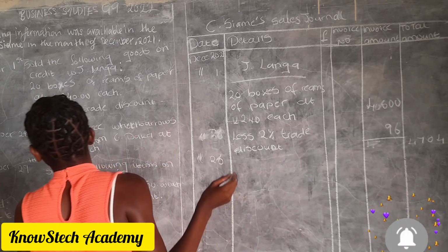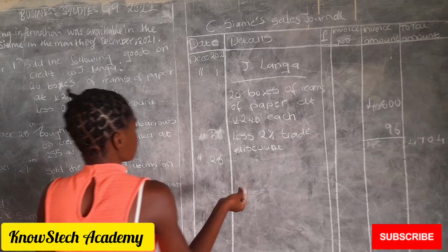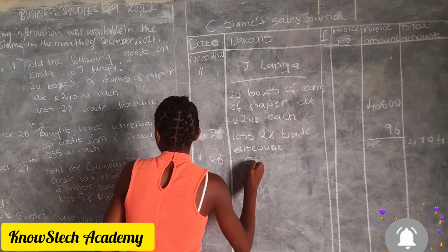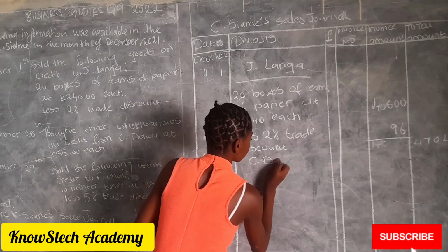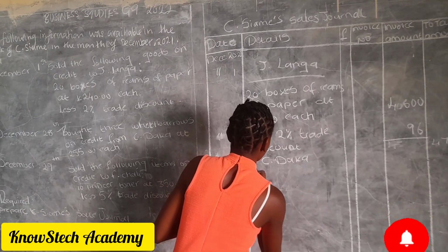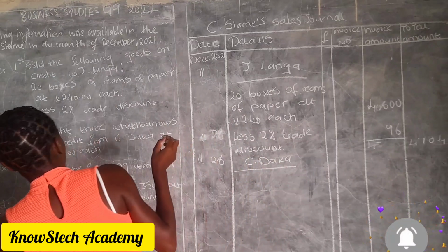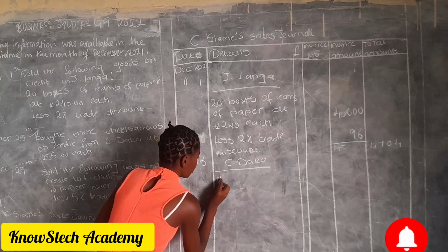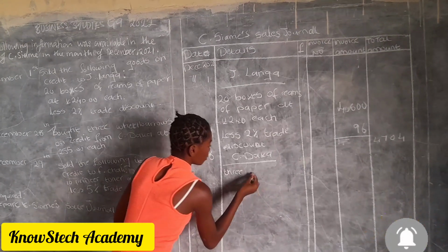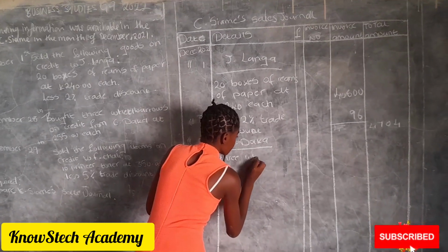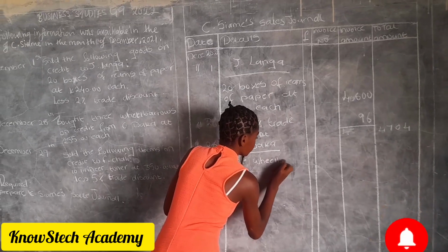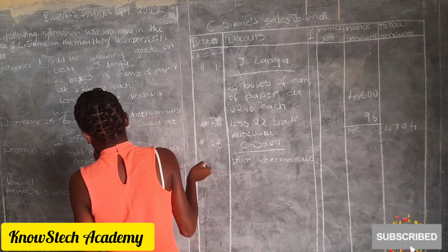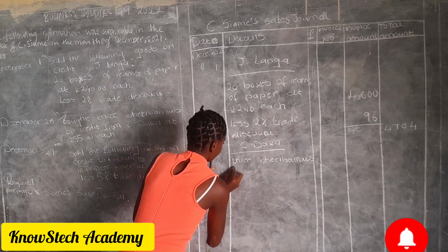Then we're going to go to our second transaction, which took place on the 28th of December. So the person who supplied these goods was C. Dhaka. The items were 3 wheelbarrows at 255 each.